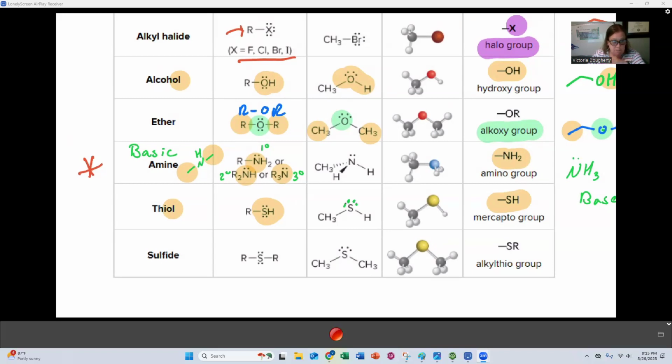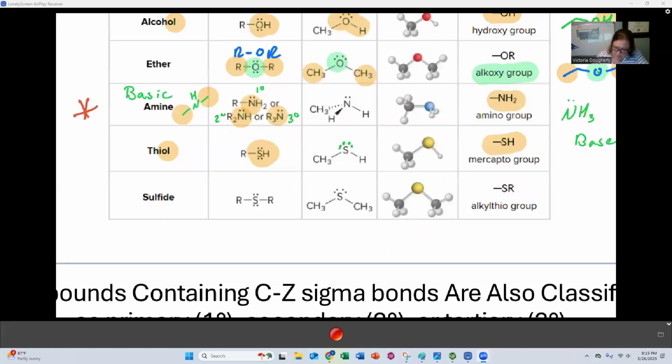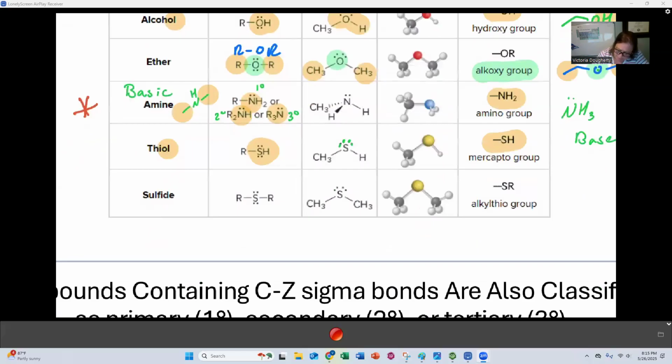The biggest difference between thiols and sulfides is the same as the difference between alcohols and ethers. With alcohol, you have that terminal OH; with ether, you've got an O with R groups. Same thing here: thiols have that terminal SH, whereas the sulfide has two R groups on either side of a sulfur atom. There's some similarity here.